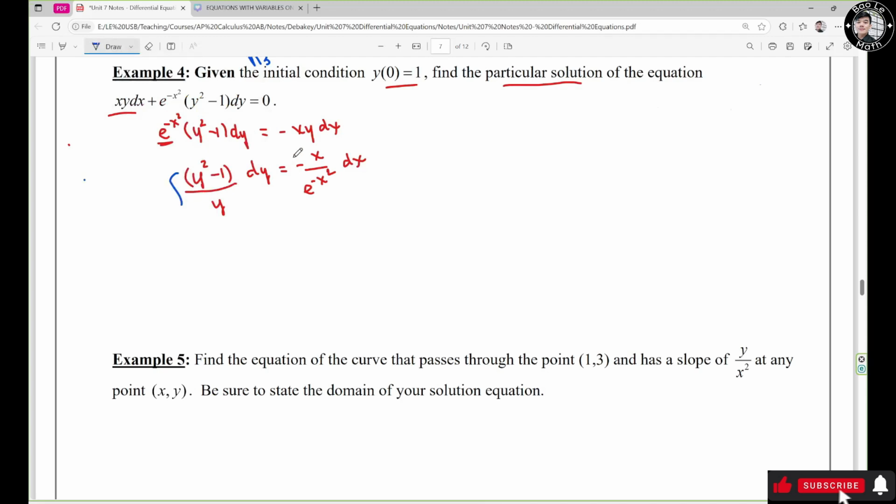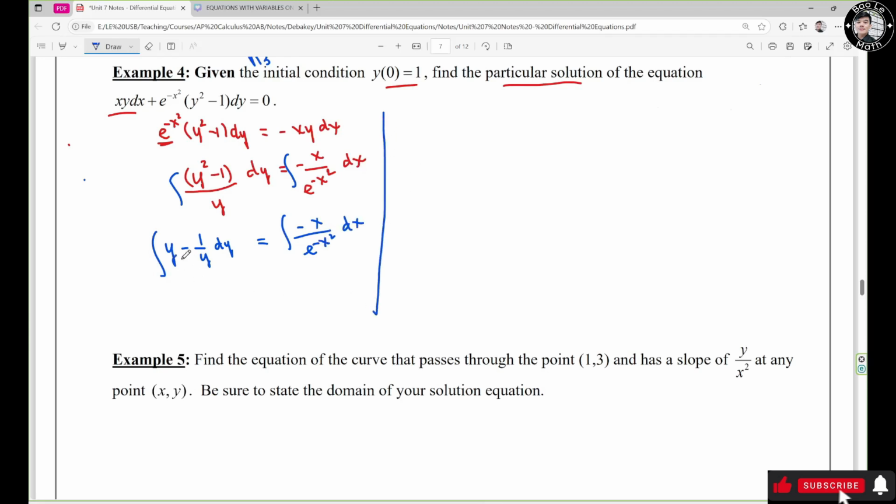So I need to separate this guy: y squared divided by y is going to be y, minus 1 over y, dy, equals the antiderivative of negative s over e to the negative s squared ds.